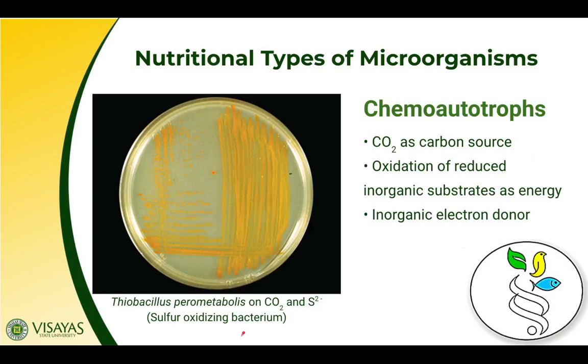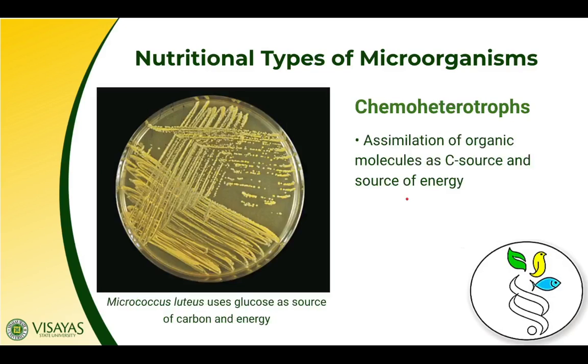The fourth type of nutritional type of microorganisms are the chemoheterotrophs. So they are the ones that assimilate organic molecules both as carbon source and as source of energy. An example is the Micrococcus luteus that uses glucose as source of carbon and energy.